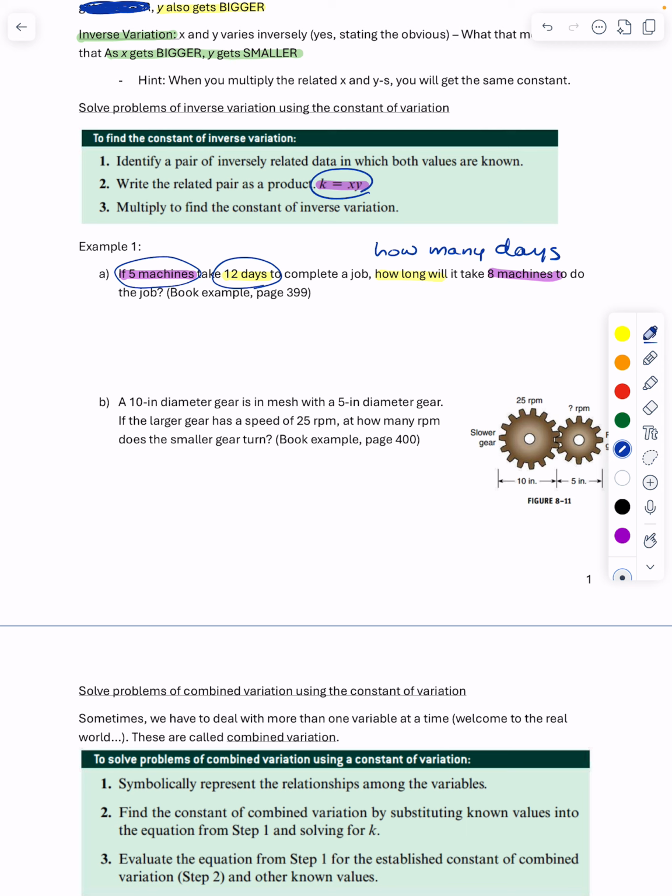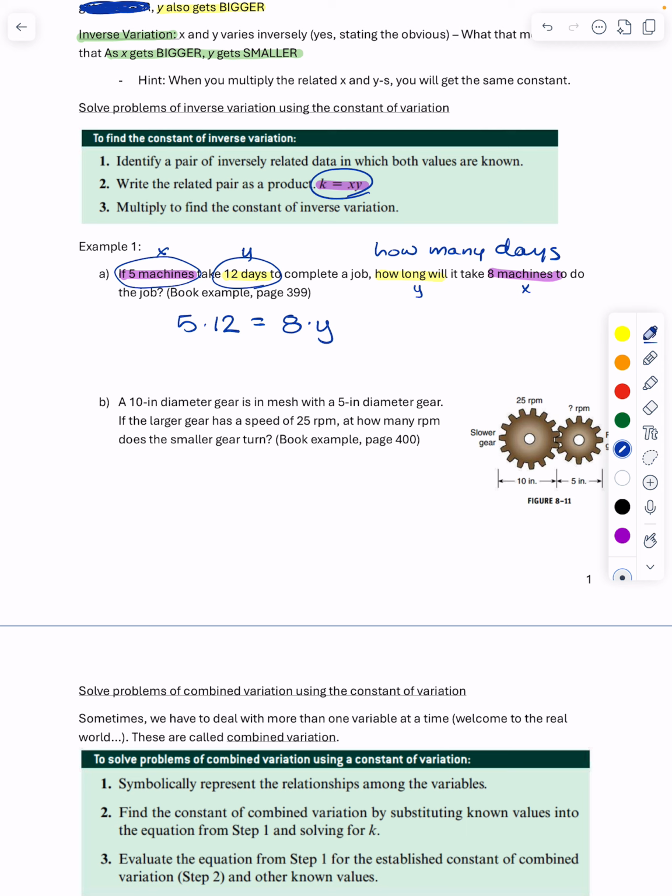So we're going to use this. It doesn't even matter what I call x and y. I'm multiplying them together, 5 times 12. That is going to equal 8 times y. Now, does it matter if I call it x or y?